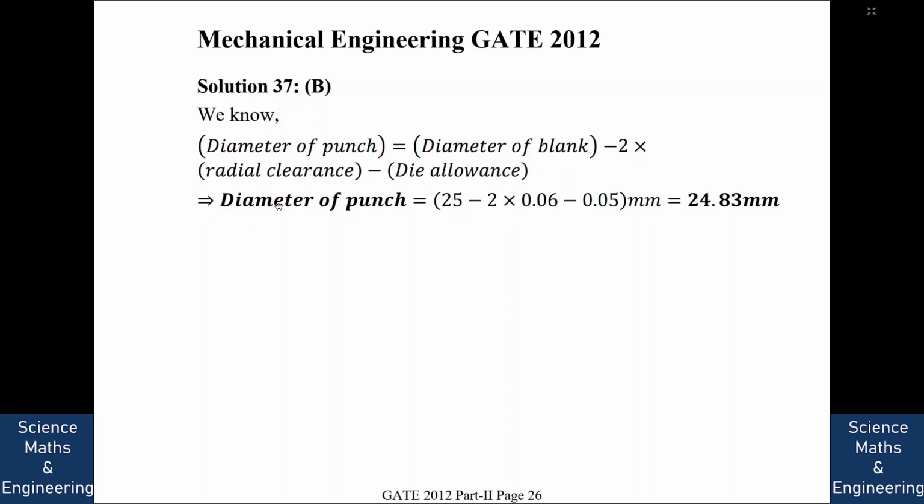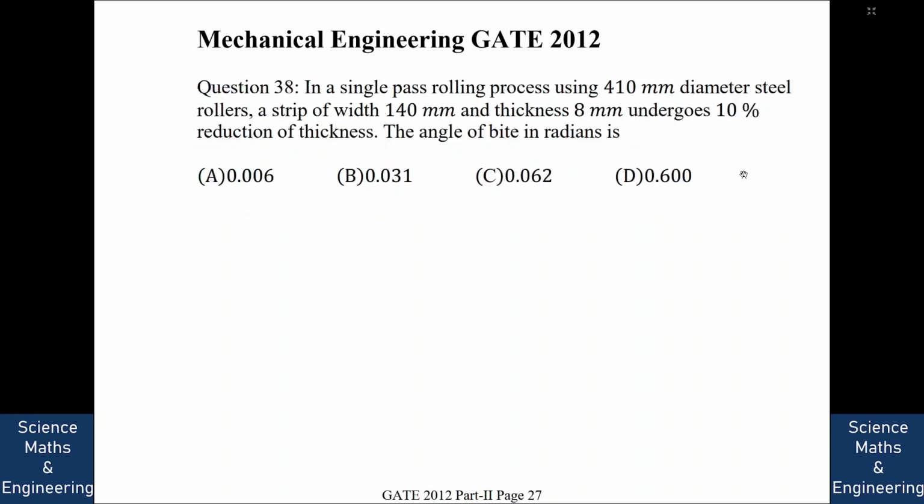So we have diameter of punch equal to 25 minus 2 times the radial clearance, because both sides we need clearance. Okay, so it will be 2 into 0.06 minus the die allowance, minus 0.05, so it comes as 24.83 millimeter. Okay, so we'll go to the next question.